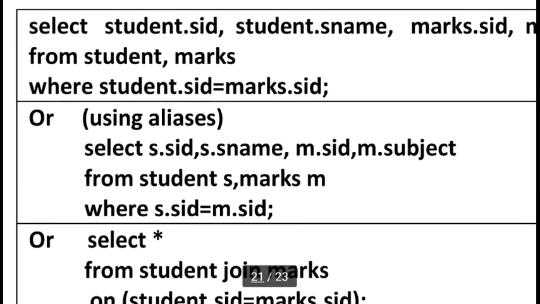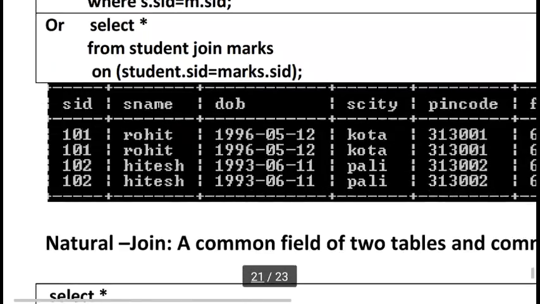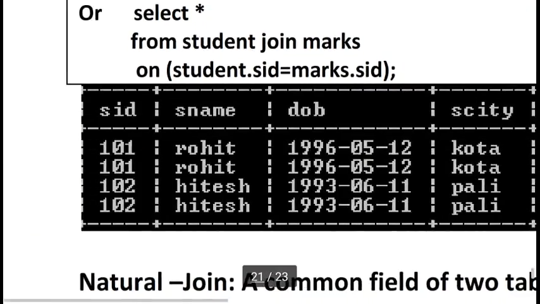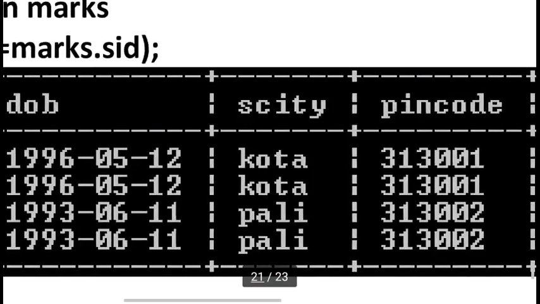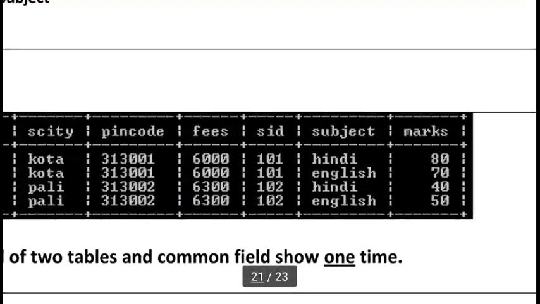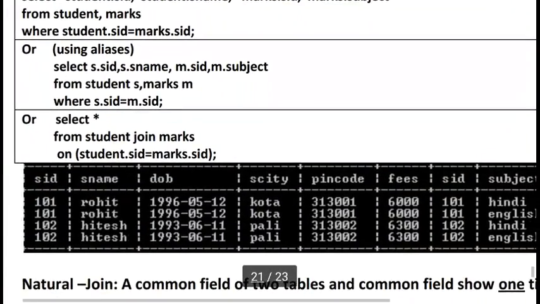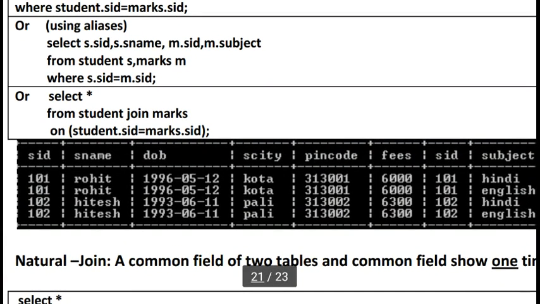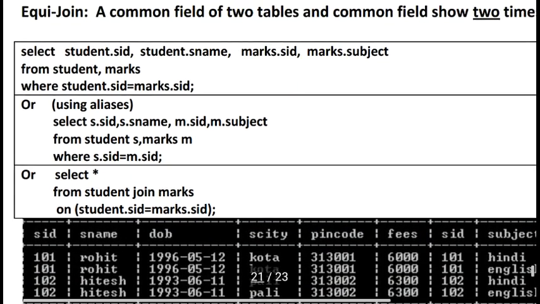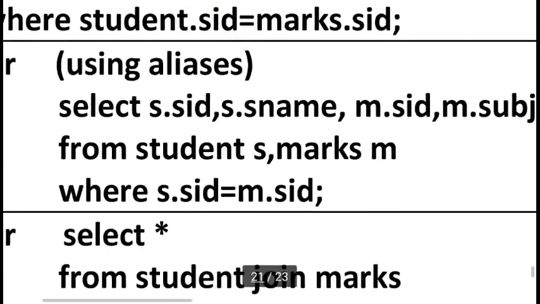So you can see this result: the student table SID and the marks table SID. The SID repeats, but 103 is not included because this is an equi-join.